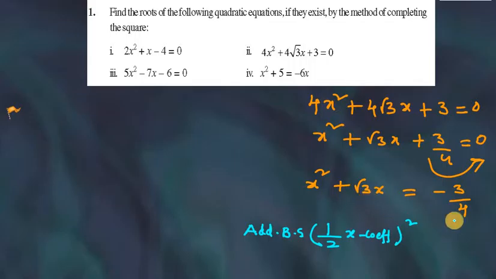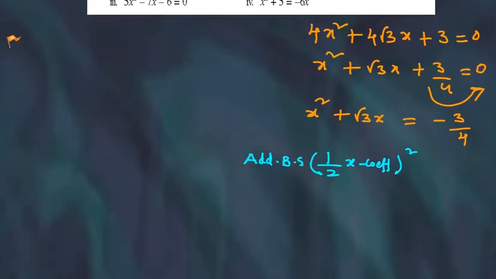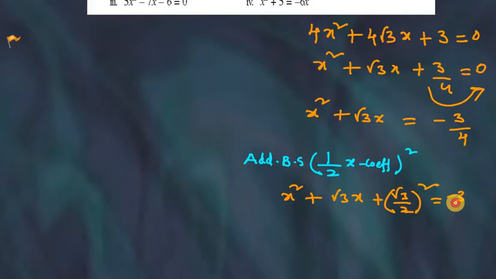So add both the sides. So now I am adding. So x square plus root 3 into x plus root 3 by 2 whole square is equal to minus 3 by 4 plus root 3 by 4 whole square. So added both the sides, half of the x coefficient.